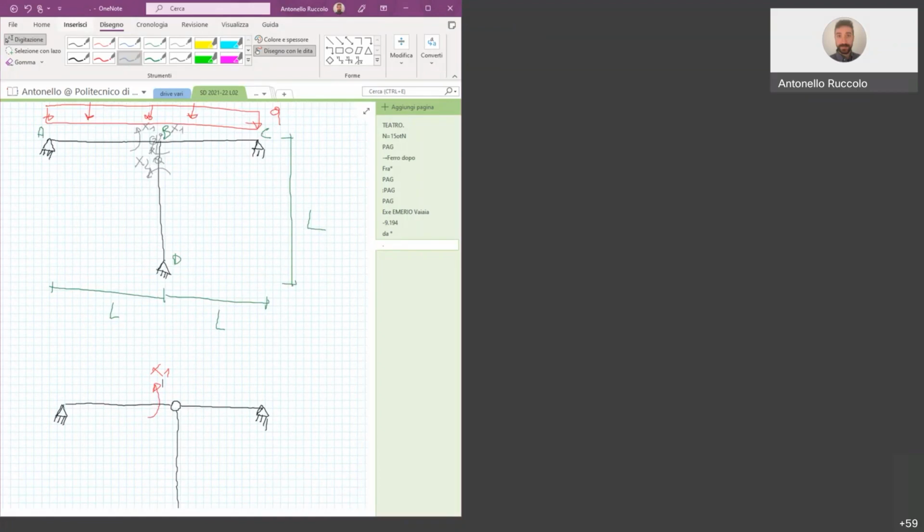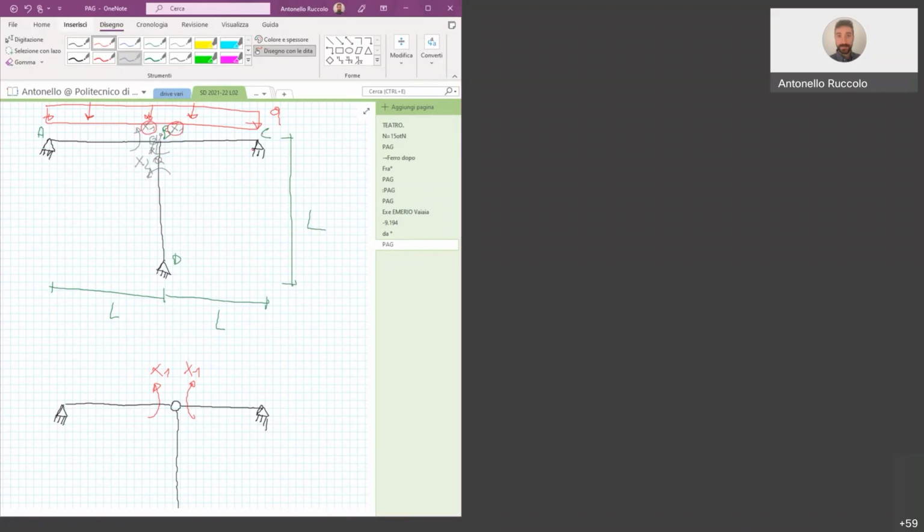Then X1 is also applied here, on the node BC. Because we had this one and we had this one. It is not applied in the beam BD, because we have put also this internal hinge. So there is no transmission of moment from the node BC to BD.